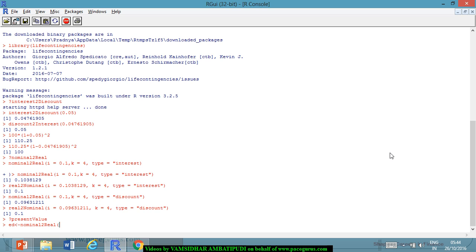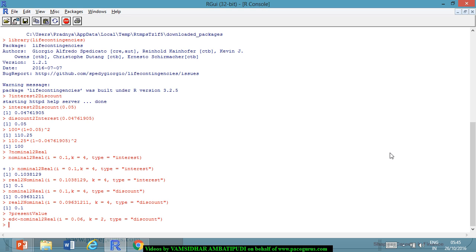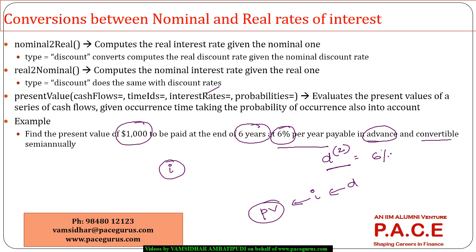I'll say nominal to real. I equal to, what is the discount rate? 6%, so 0.06. k equal to 2. We are talking about semi-annual compounding and the type is a discount. So this will give me the value of d. d2 is being provided, so from d2 I am computing the value of d.